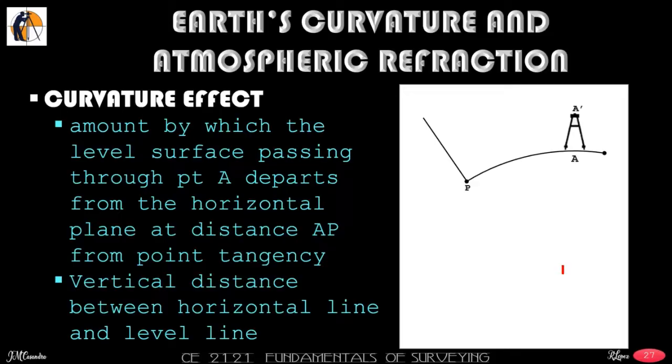So let's say we have here point A, which is the location of the instrument. Point P is the location of your rod at which you are going to measure the elevation. Your horizontal distance is AB, which is parallel to the horizontal line tangent at point A. This is our level line, AC.